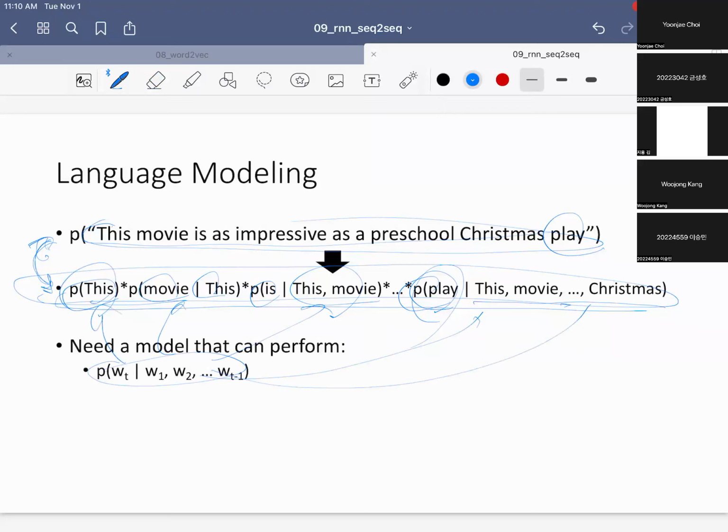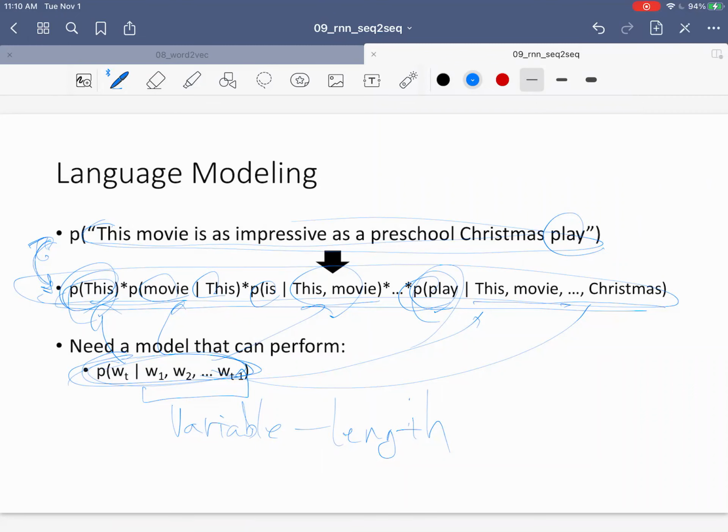The first one is a special case because it doesn't have a previous history. So if you can model this with variable length input, then you can factorize any text and calculate the probability of the text. Basically, that's what language modeling is.